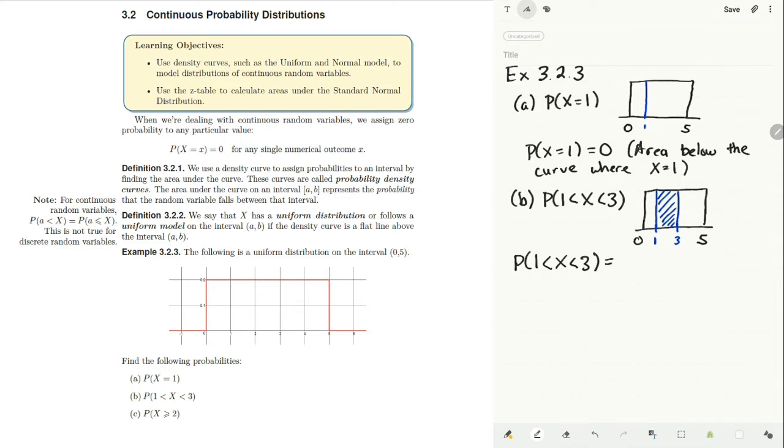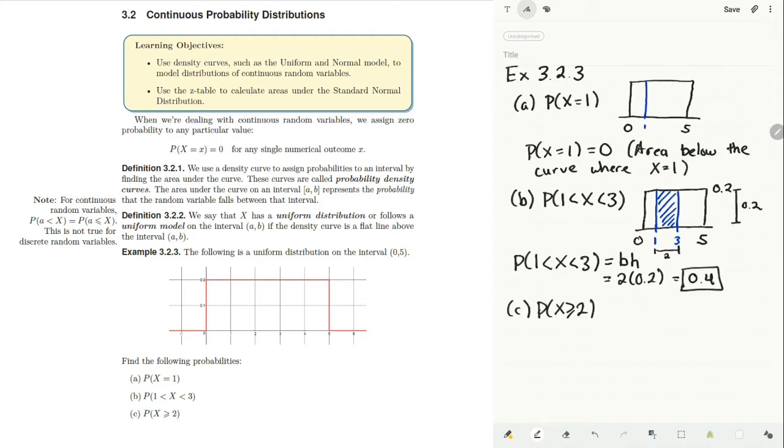And so the probability will be equal to the area of the rectangle. So we take the base times the height. We see that the base has a length of 2, and the height of the rectangle is 0.2. And so the probability is equal to 2 times 0.2, which is 0.4.